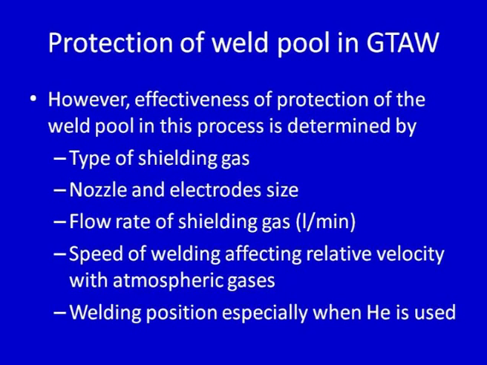Then there is the nozzle and the electrode size. The proper size of the nozzle and the electrode helps in forming a very perfect jet of the inert gas around the arc.